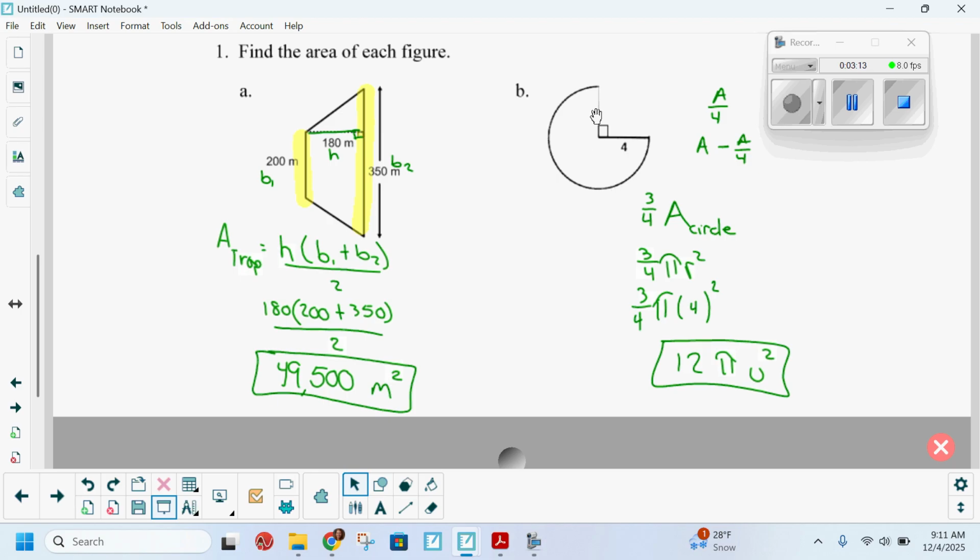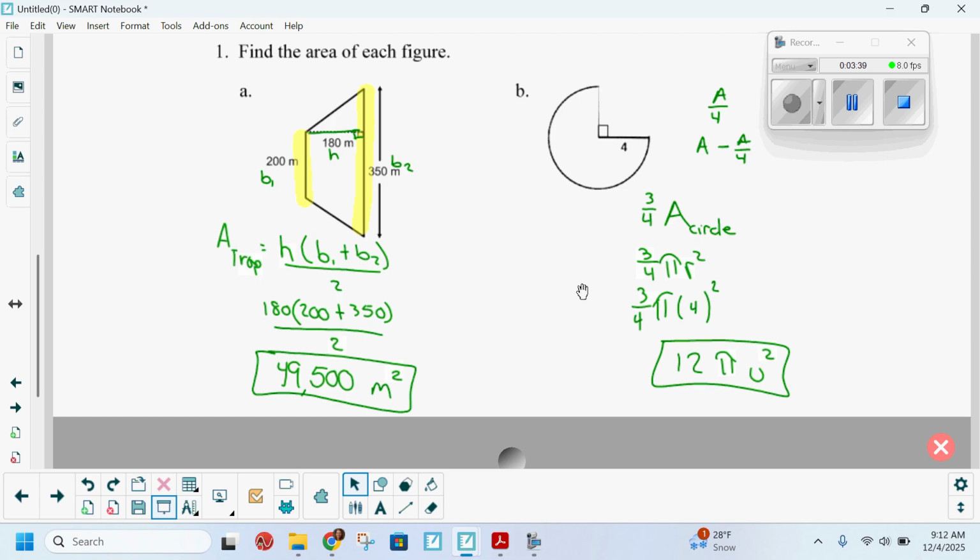For B, I've got 3/4 of a circle. So area of a circle is pi r squared. So I'm going to multiply the area of a circle by 3/4. And I have to figure out the radius. So this would be the radius. All the way across would be the diameter. So I have 3/4 pi times 4 squared. And notice it doesn't say to round. It just says find the area.